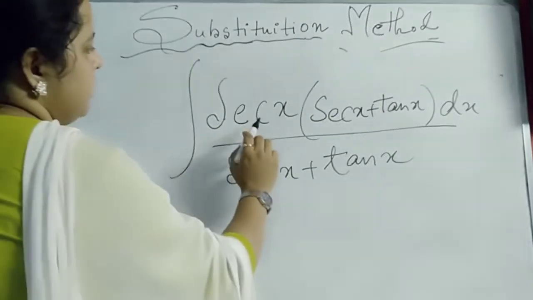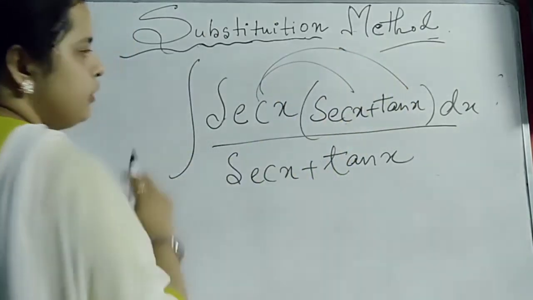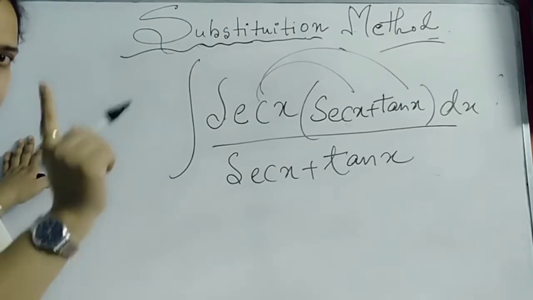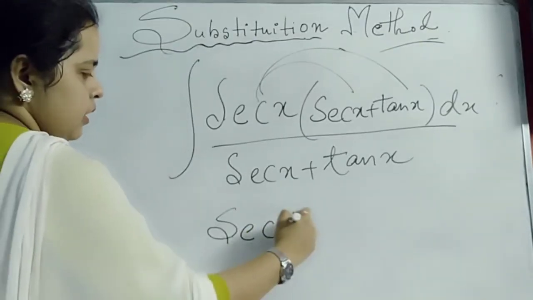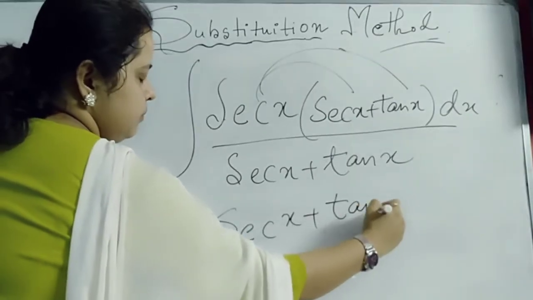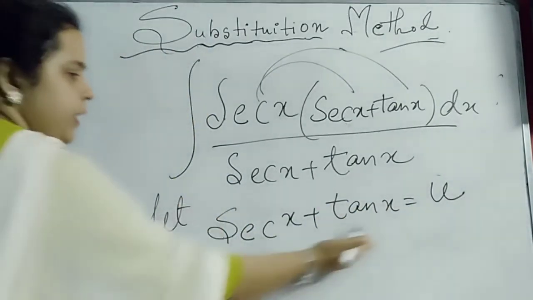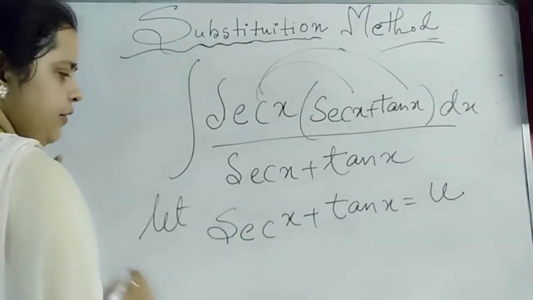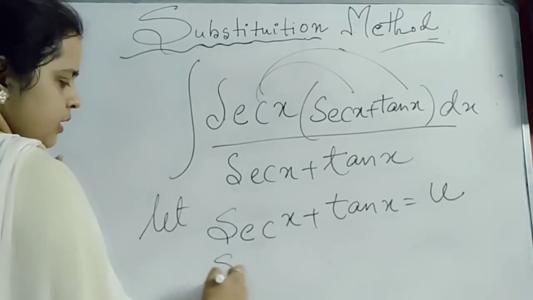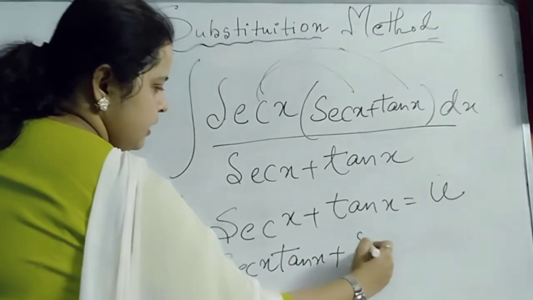See, when sec x is multiplied with this and with this, how will the numerator turn up? You will only tell me. First, let me substitute sec x plus tan x, say as u. Let the denominator be u. Then, what is the derivative of sec x? Tell me. It is sec x tan x. And what is this?